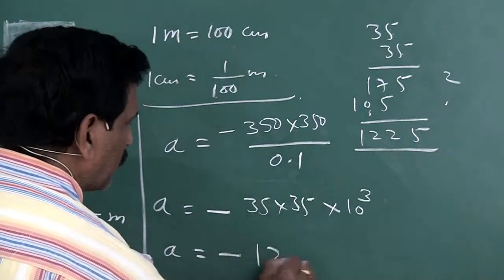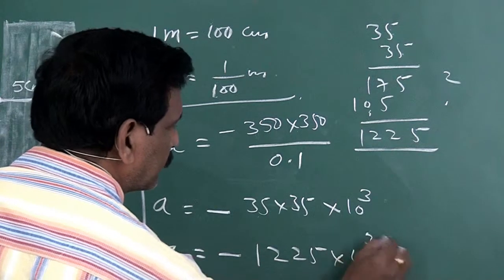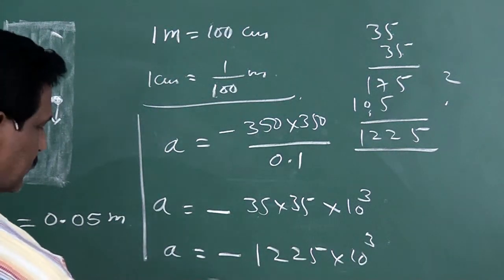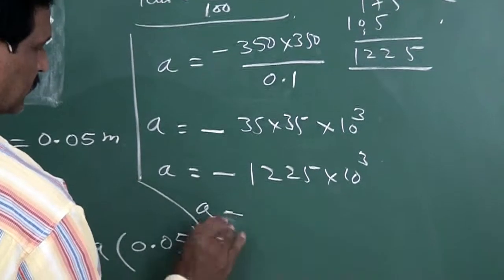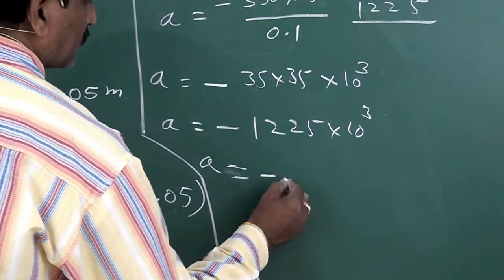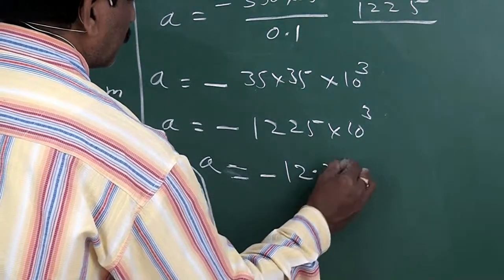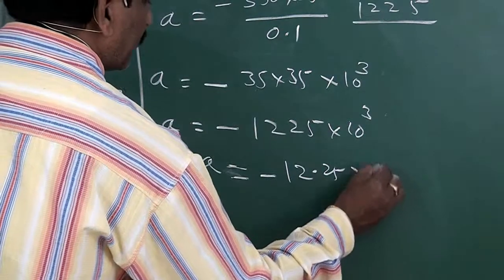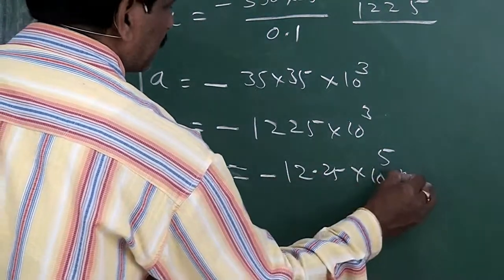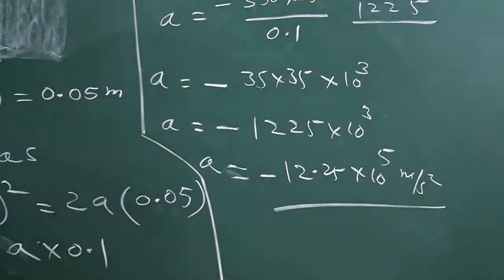So, 1225 into 10 cube, or you can write a is equal to minus 12.25 into 10 power 5 meter per second square. This is the value of acceleration.